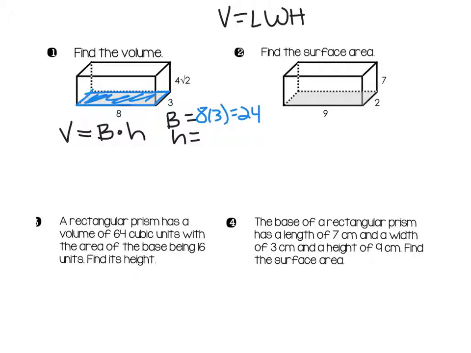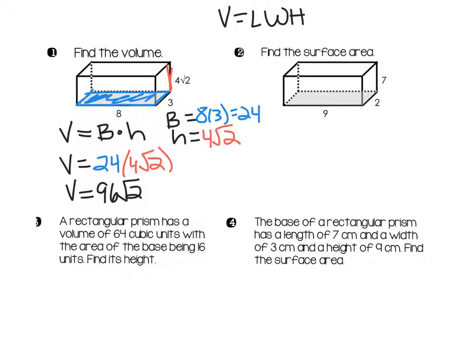And then my height is 4 square root 2. So to find my volume, I'm going to do 24 times 4 square root 2, which is going to give me 96 square root of 2.